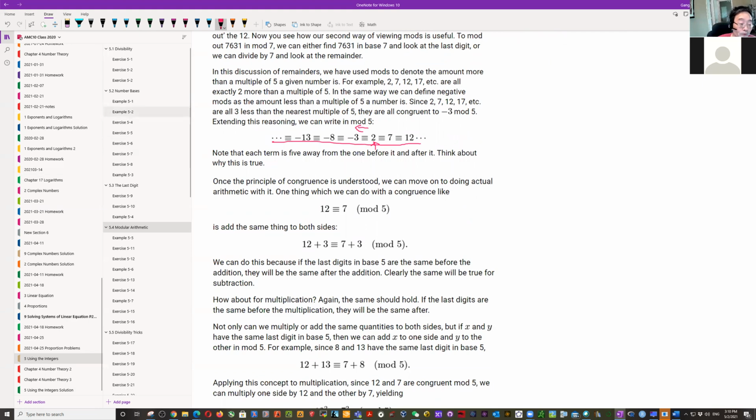Modular math also follows equation rules. For example, here 12 is congruent to 7 mod 5. And if I add 3 to both sides, the whole thing still stands. So basically add 3 on the left side, 3 on the right side. If we really do the calculation, 15 is congruent to 10 mod 5.